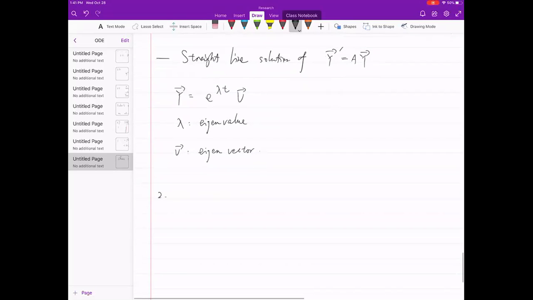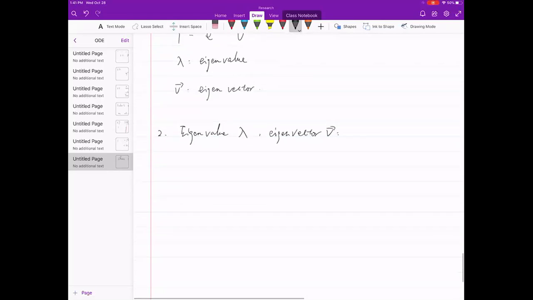With that in mind, let's review a little bit about eigenvalues and eigenvectors, just the basic concept. Eigenvalue lambda, eigenvector v. The key is lambda v equals Av.